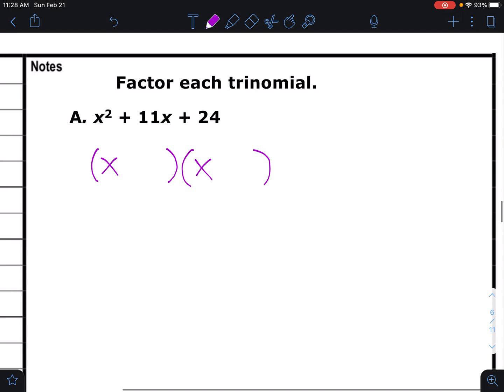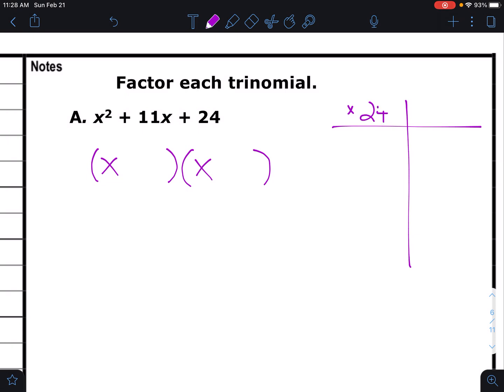Well, you can make a table. You may not want to do this every time if you're good with it, but just to get you comfortable, what we're really trying to look for is numbers that multiply to be 24, so multiply to be c, but add up to be 11.